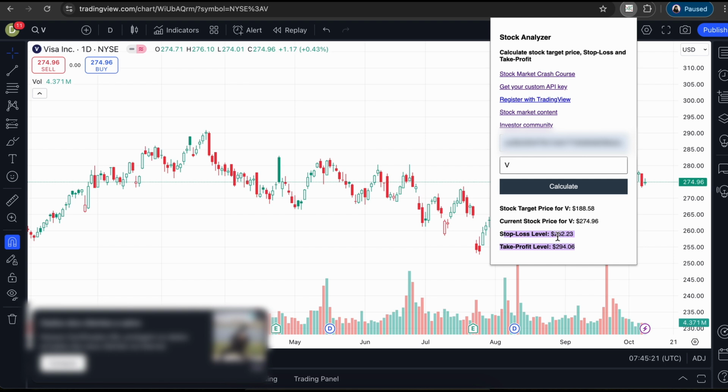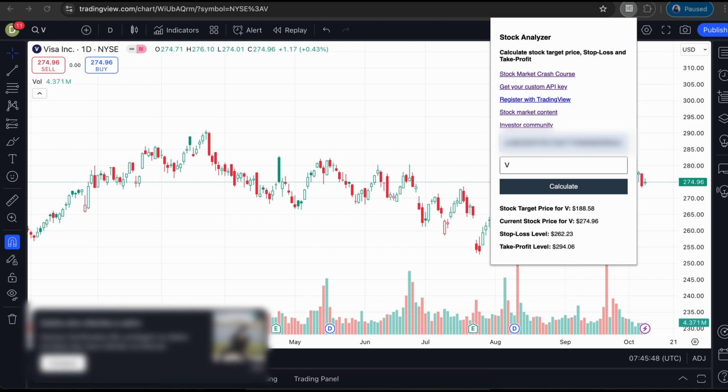So let's say you want to buy this share right now at the current price of 274.96. If you buy at the current price, then your stop loss, the level at which you sell with loss, would be 263. And your take profit, the level at which you want to sell with profit, would be 294. So we can write down these numbers, 294.